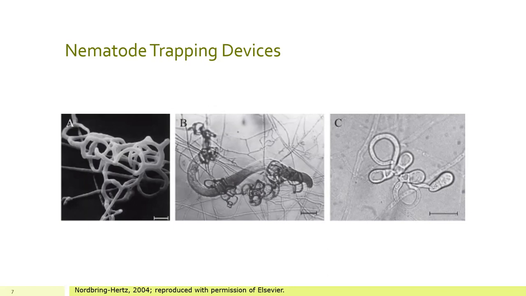Now, typically amoeba will go for smaller prey such as bacteria, but in this case, when left in a laboratory setting, the protists actually started consuming the nematode.